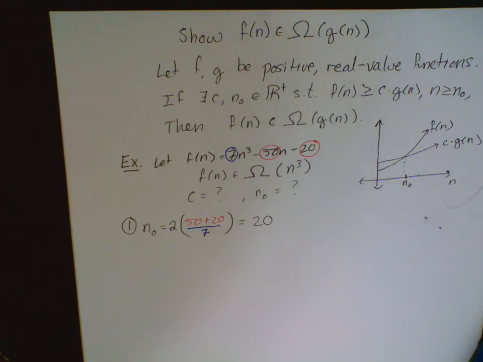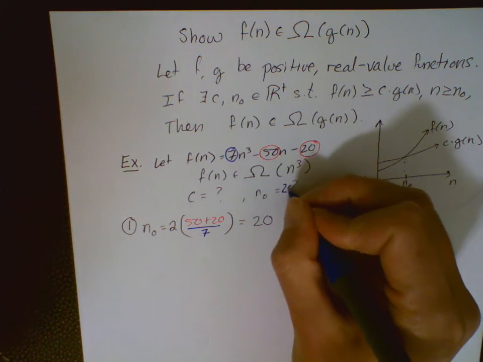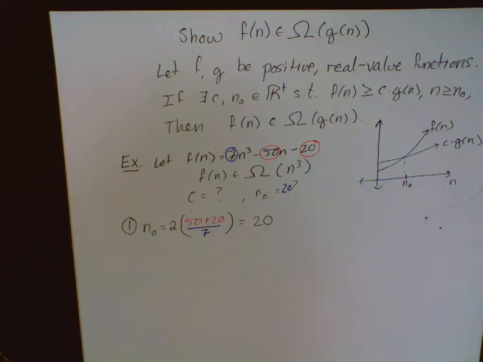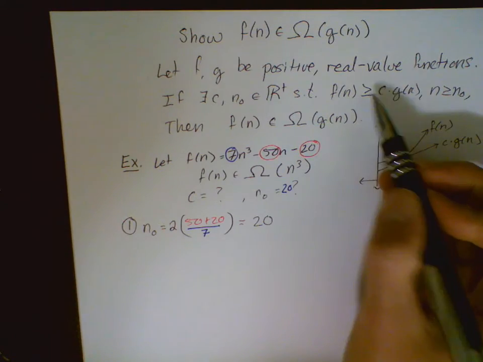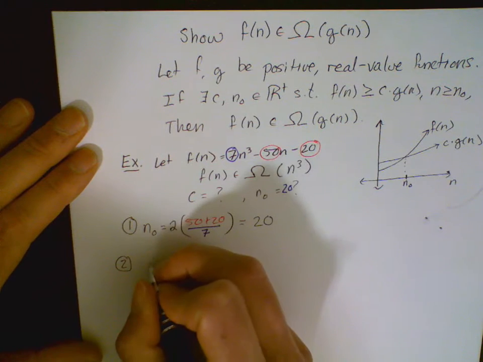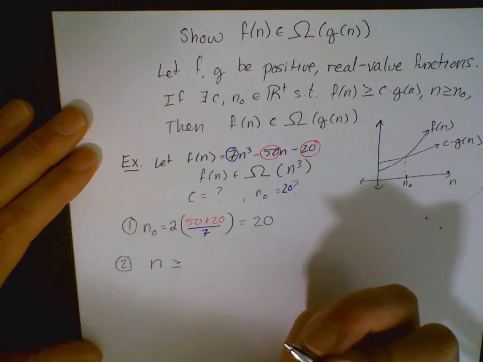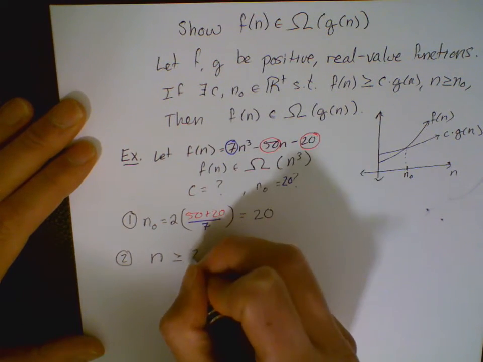So from here, we're going to figure out what the c is. We said n naught is 20. So we need to show an inequality in our definition. Let's set up an inequality. Next we write n is going to be greater or equal to n naught, which in our case is 20.